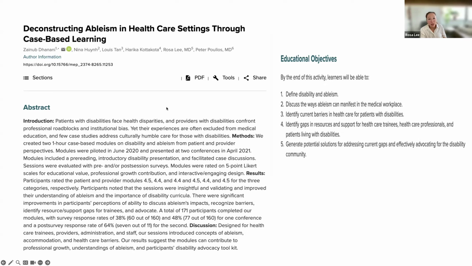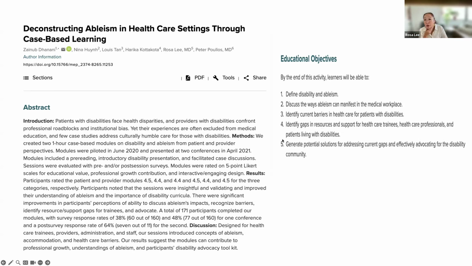And so what she did was she created two paper cases, one on a patient with disabilities and one on a provider with disabilities, short vignettes with facilitator guides to facilitate a discussion. Before she went into the cases, there was a brief PowerPoint presentation that went over some of the information and knowledge, some of the first learning objective. But the discussion itself was quite rich in terms of giving learners an opportunity to discuss ableism, to identify gaps, to identify potential solutions.